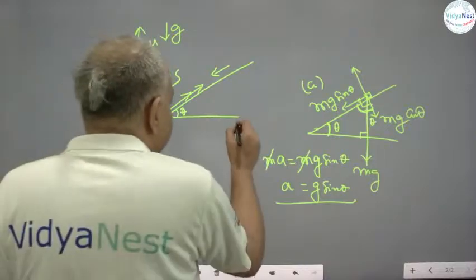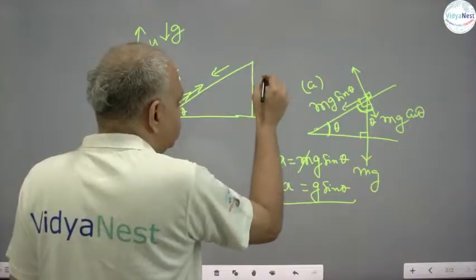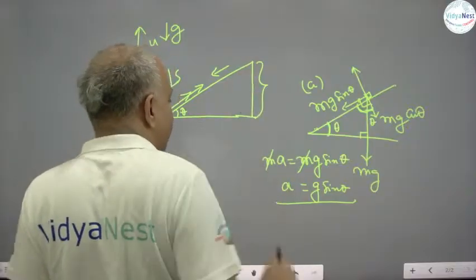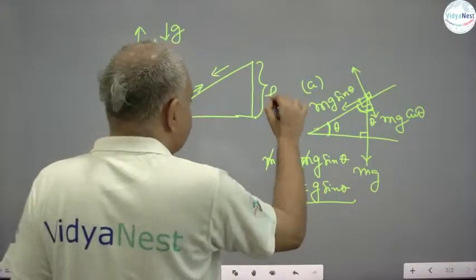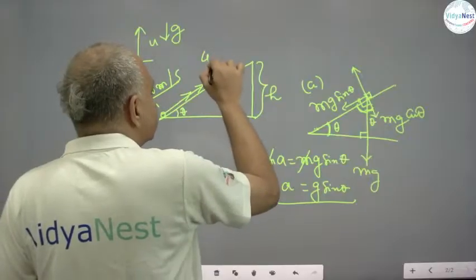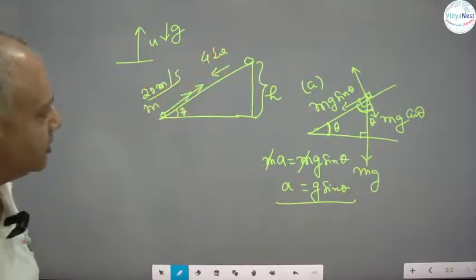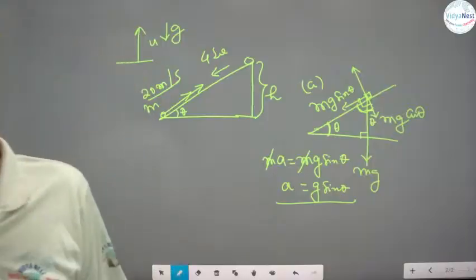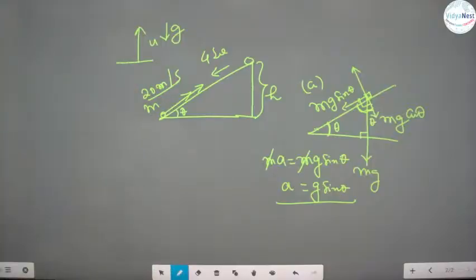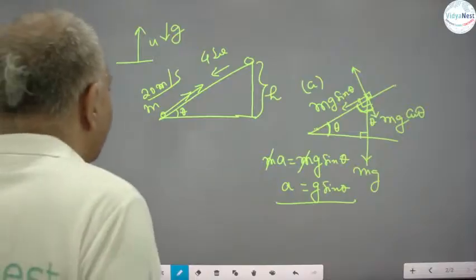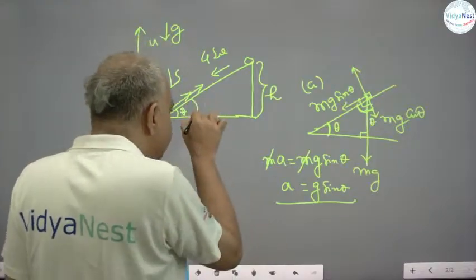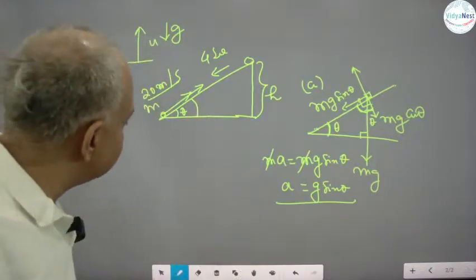The inclined plane has a height h, and within 4 seconds the body rises to this maximum height. We have to find the inclination. This is the question. So how do we find it?